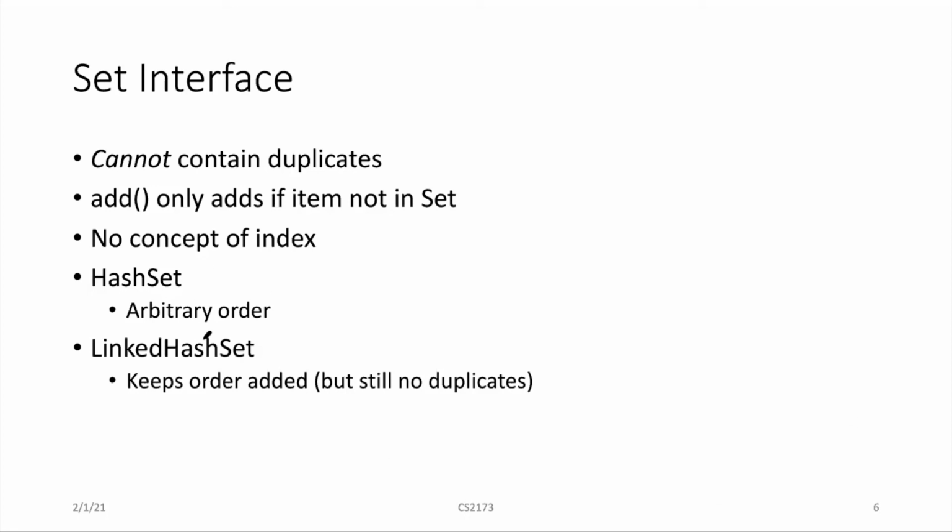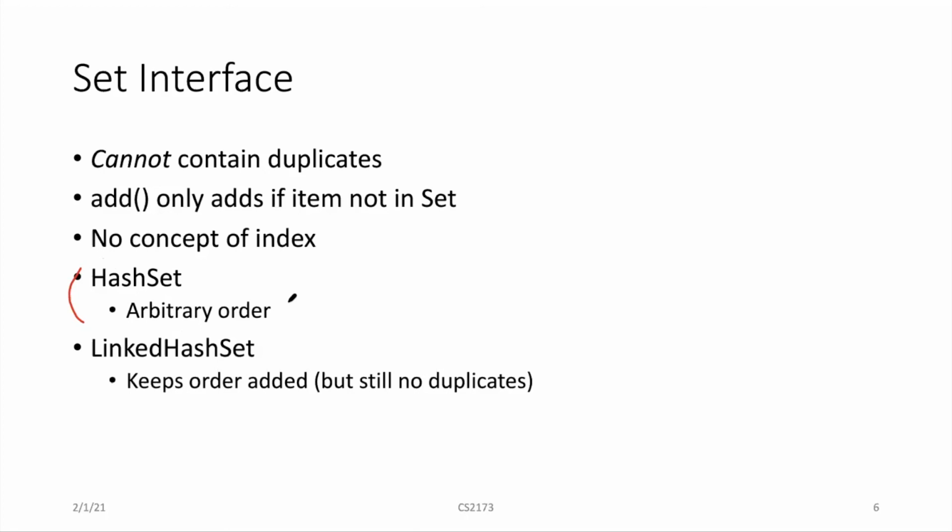And again, if you print them out, one of the nice things is that these are objects, so they all have a toString. Unlike arrays, when I print any one of these collections, it will print the contents in a nice way. But if I have a hash set, and we'll see examples of this, it will print them in an arbitrary order. Why?